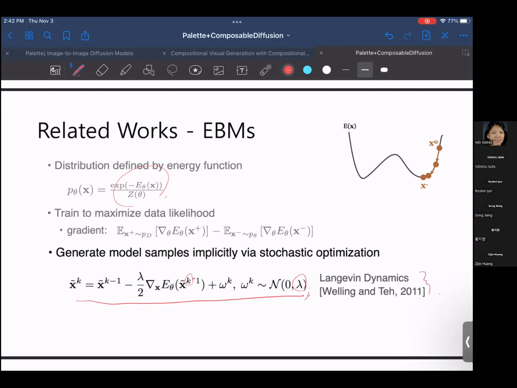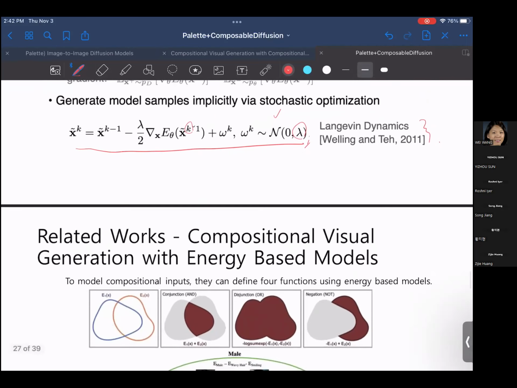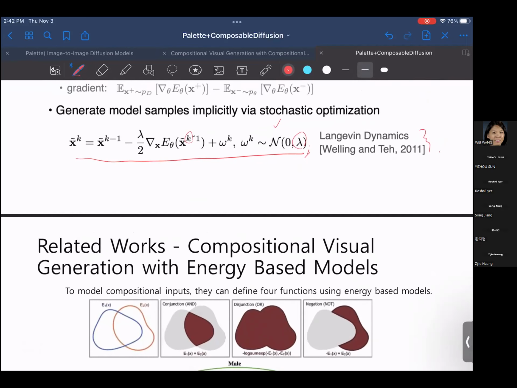That is why many of the recent papers on EBMs were using this kind of stochastic optimization technique, which is a sampling technique. I would say this equation itself was an EBM-motivated equation, and this compositional diffusion paper also uses this equation for further generalization of diffusion equations to EBM models.